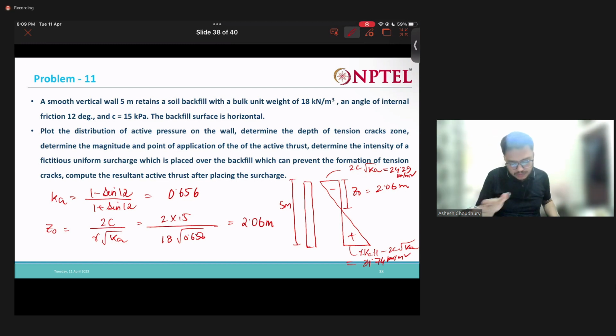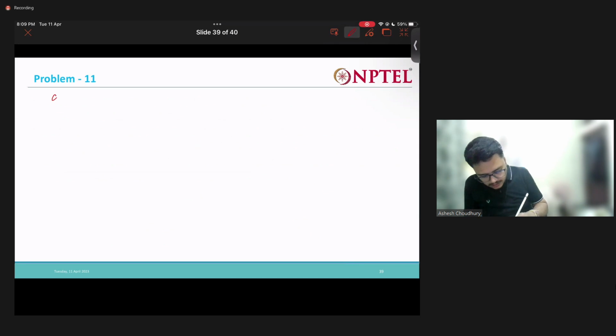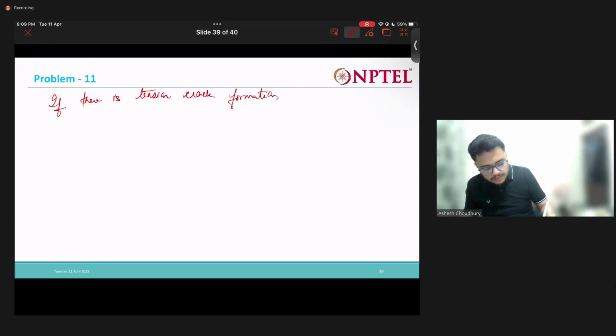Now say there is formation of tension cracks. If there is tension crack formation, then what will be my pa?